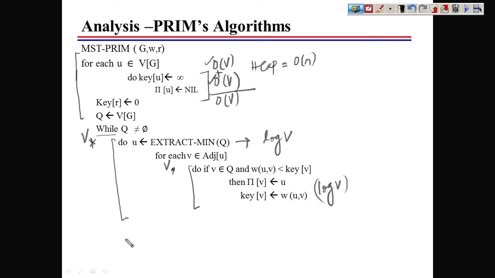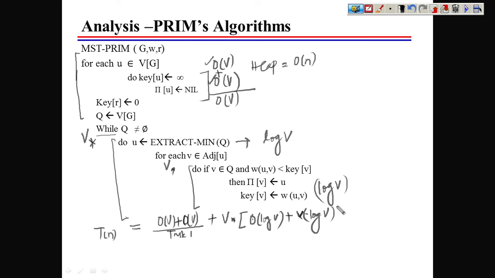Now if we arrange all this effort to find the effective running time, it is big O of V for task one, which is the initial stage, plus you are doing extract min V number of times, with cost big O of log V, and then you are doing the update task V number of times, which is log V. We can add all the tasks to see the effective cost.